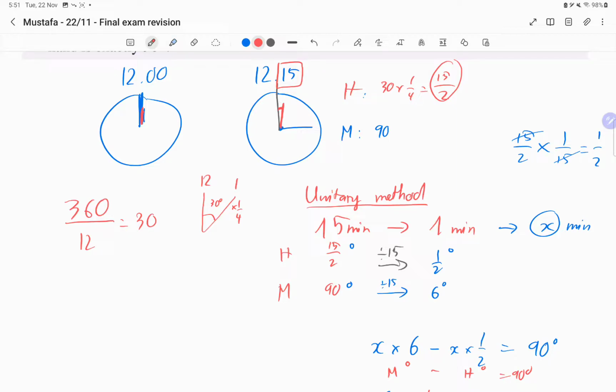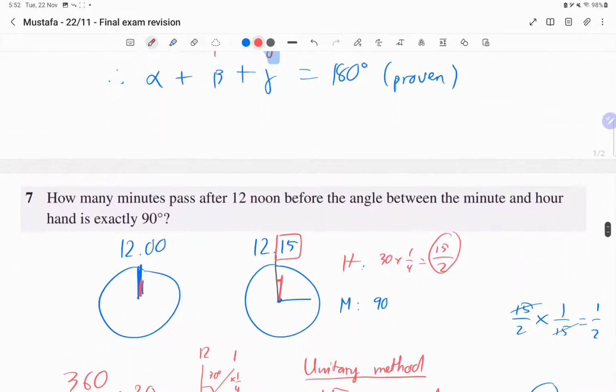Okay, and let's quickly see. So this question is 7, right? Chapter 6.